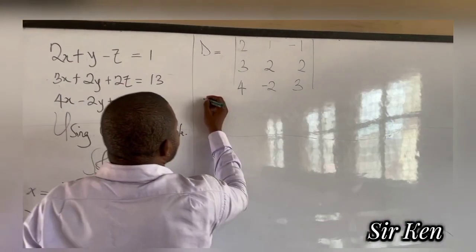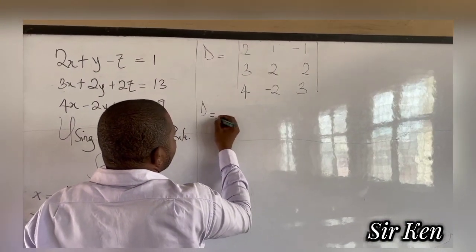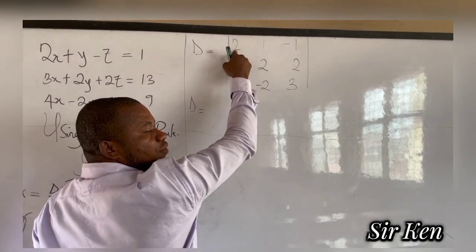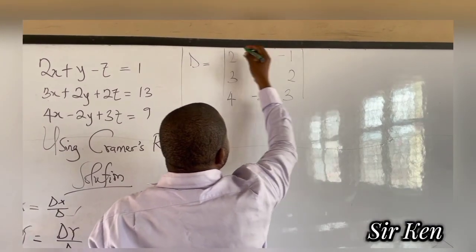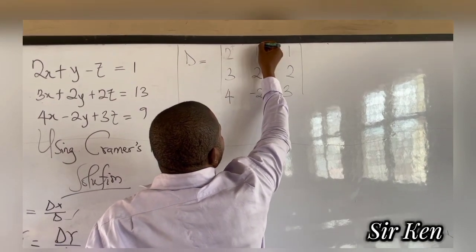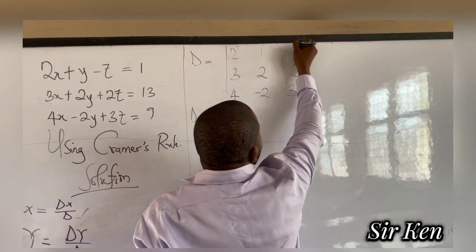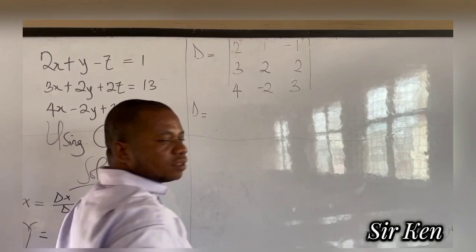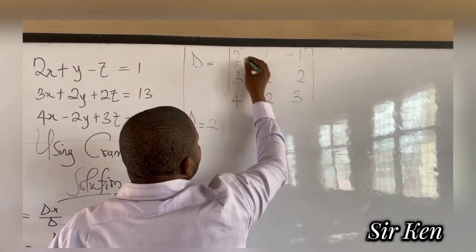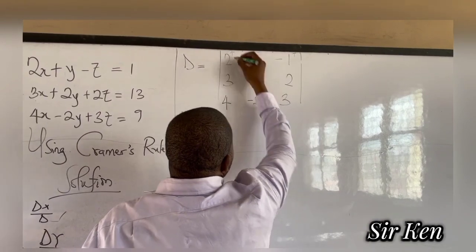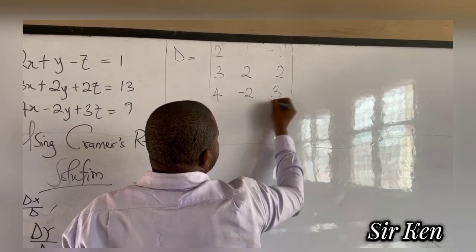Now, to get our determinant, I'm going to make use of my first rule. The signs are positive, negative, and then positive. This is my 2, which is positive, so I'll go this way and I'm left with this side.